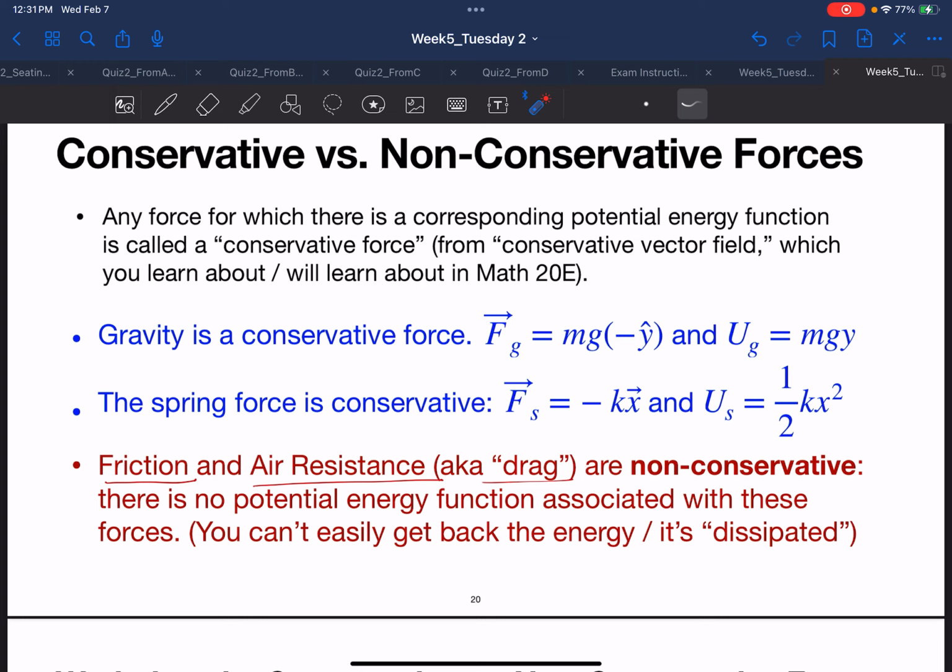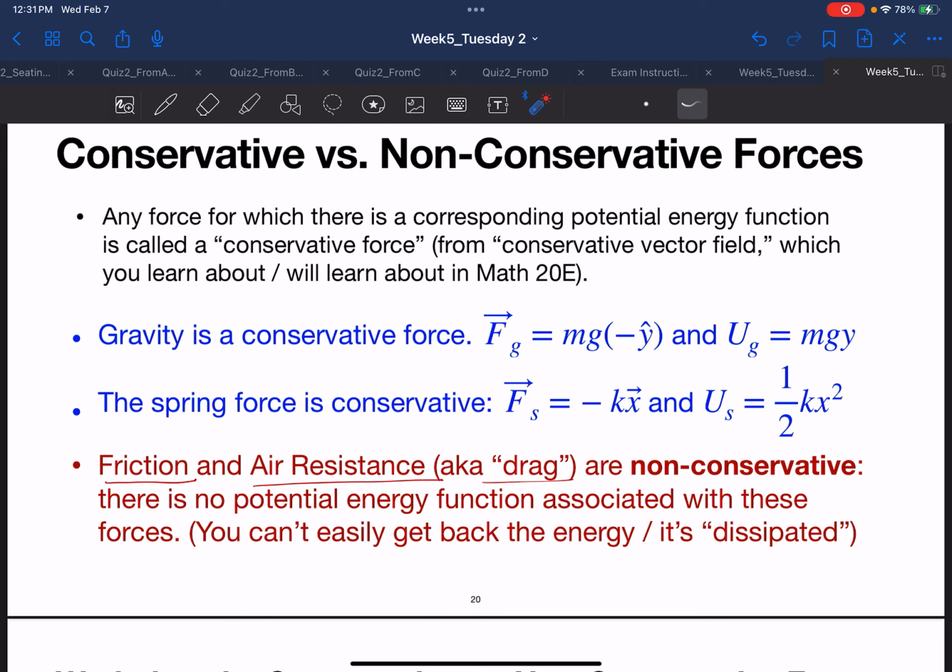Similarly, the spring force is minus kx, where x points in the direction of which way the spring is being stretched or which way the spring is being compressed, and this minus sign just tells us that the force due to that spring is in the opposite direction.